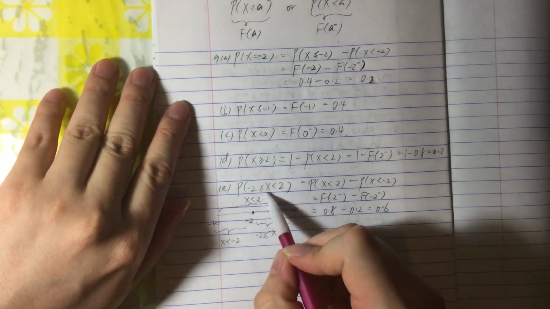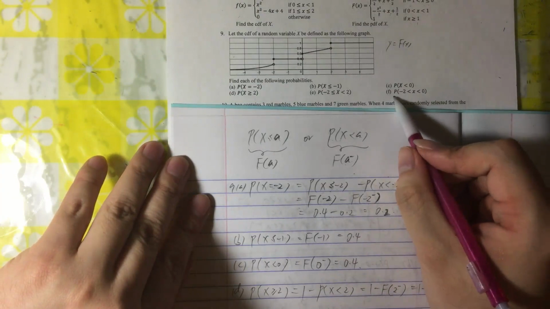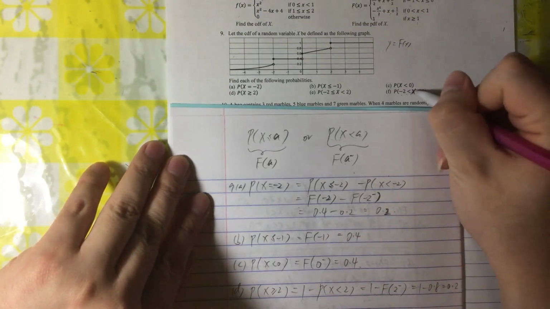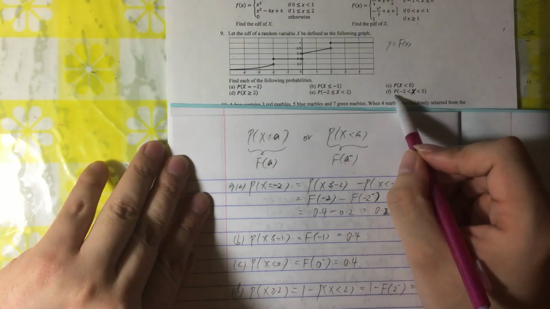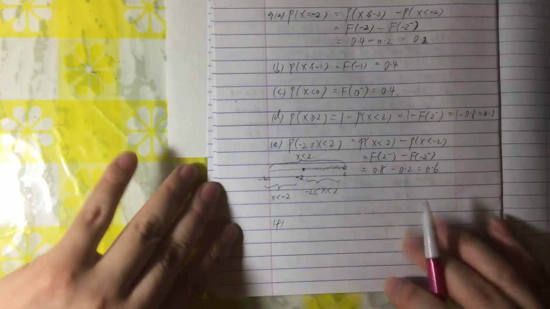That's the probability that x is between -2 and 2. Part F. Probability that x is between -2 and 0, not including the endpoints.